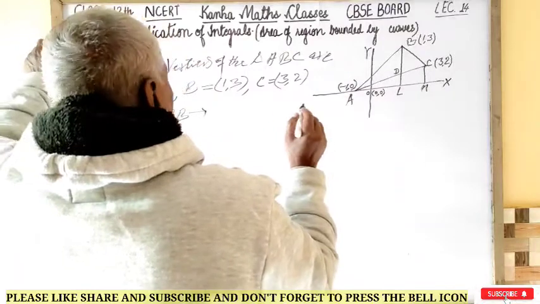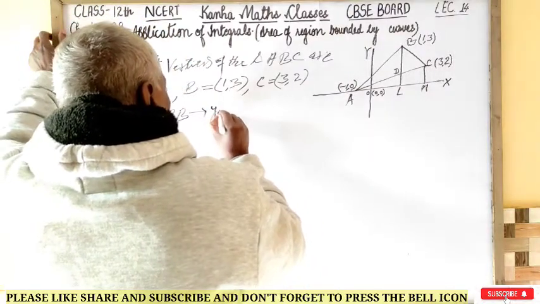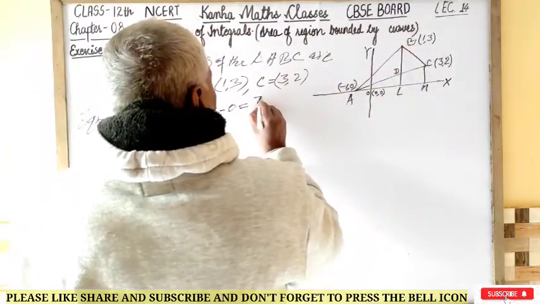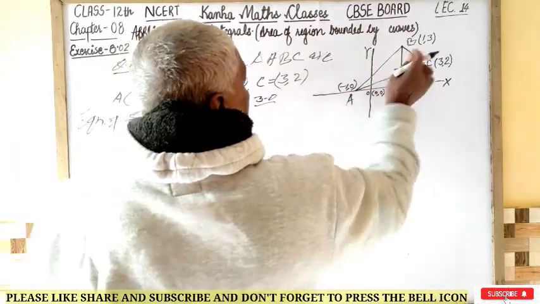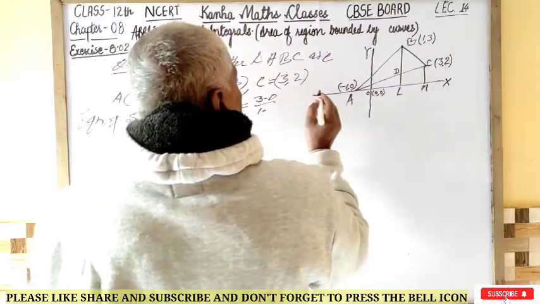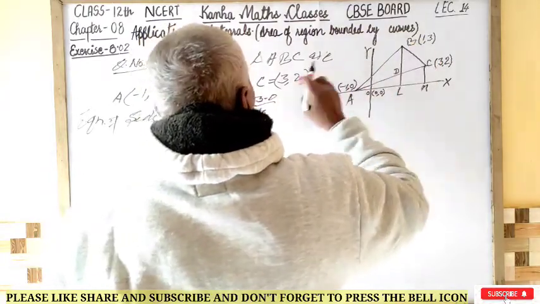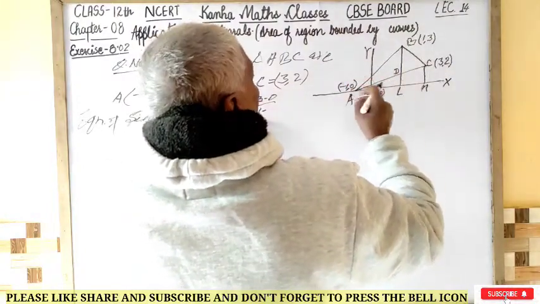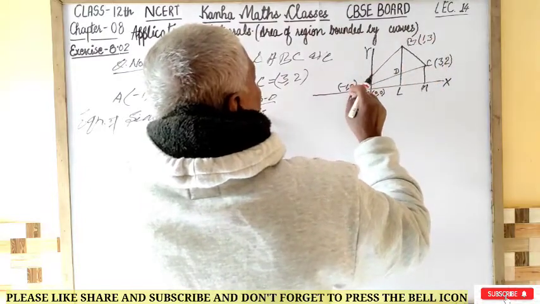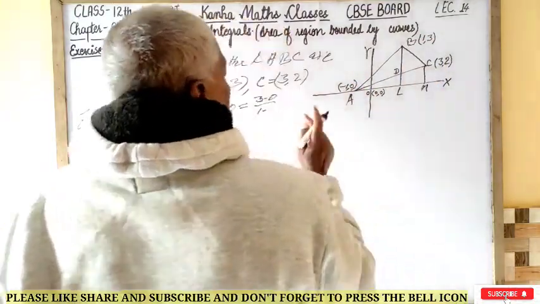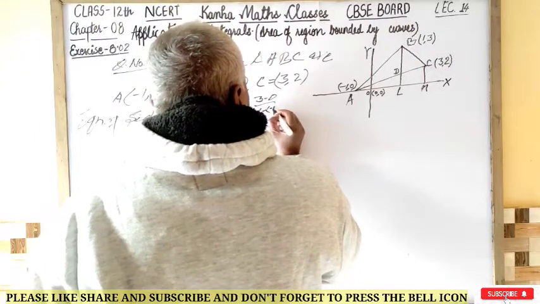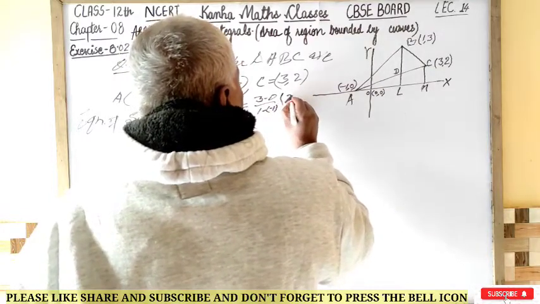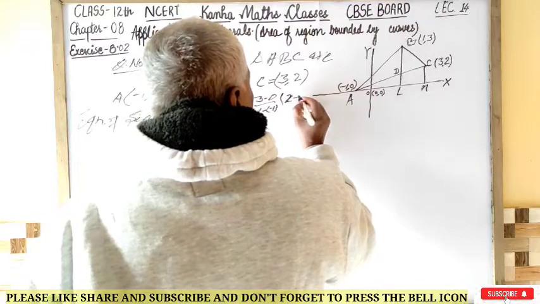Now use the formula: y minus y1 means y minus 0, y2 minus y1 is 3, upon x2 minus x1, that is 1 minus (-1), within the bracket x minus x1, that is x plus 1, minus minus is plus.